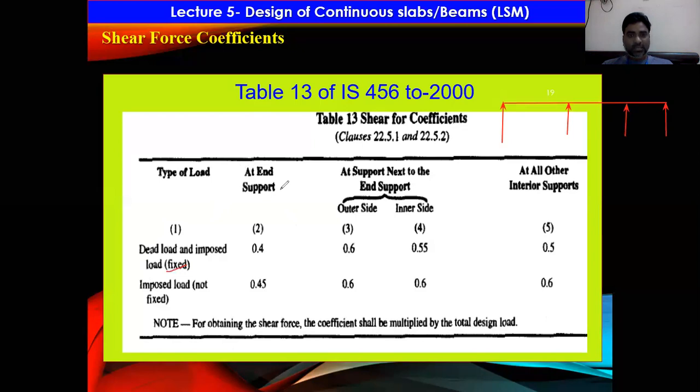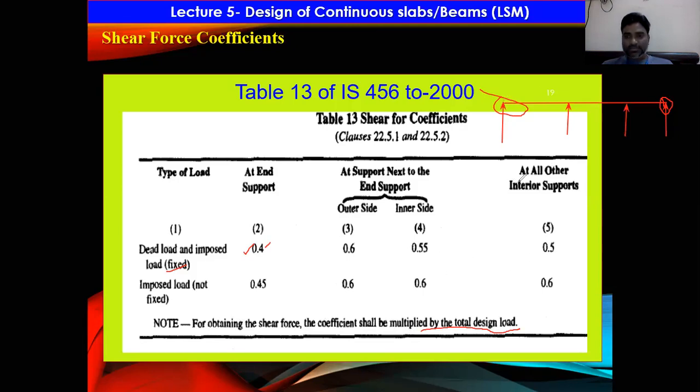Then at end support, shear force at end supports. That means these are the two end supports. You will use the shear force coefficient, and you just multiply with the load only. The coefficient shall be multiplied with the load only. So this coefficient is multiplied with load, you will get the shear force at end support.